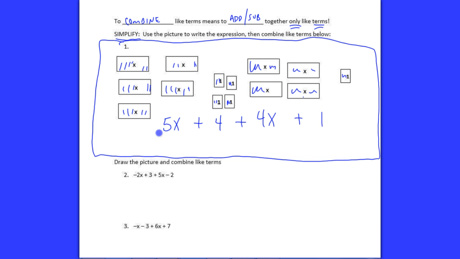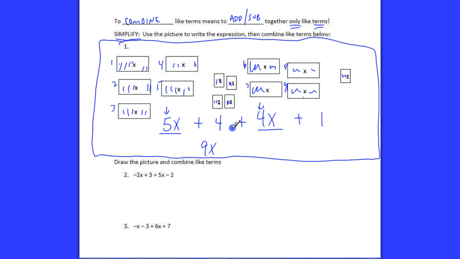So what I can do is identify the like terms. And what we see here is the like terms have the same shape. I have 1, 2, 3, 4, 5. I'm not going to count those yet. I have 6, 7, 8, 9 x's. 9 x's. 5 plus 4. 5x plus 4x is 9x.